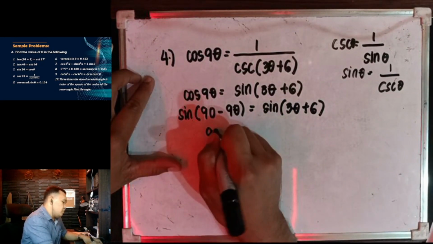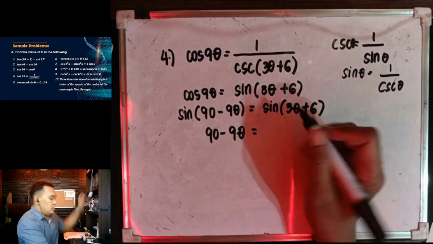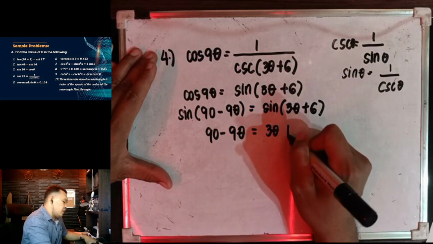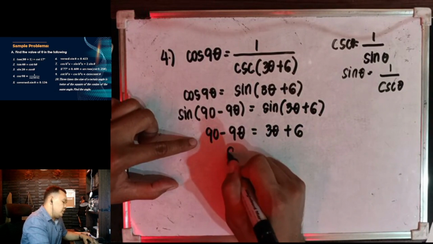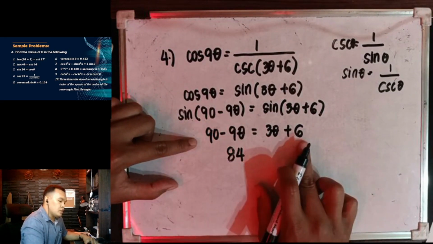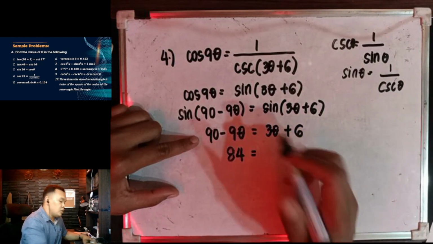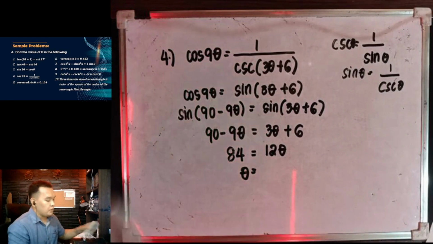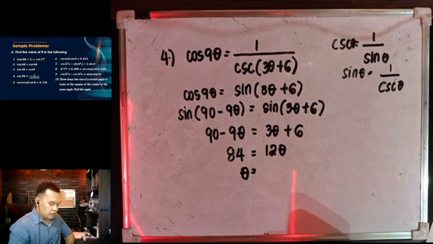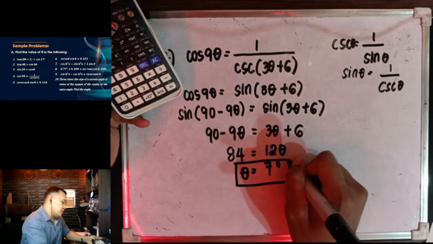So, 90 minus 9 theta is equivalent to 3 theta plus 6. Then, transpose, we have here 84. Yung 90 minus 6, 84 equals 3 theta, lipat to, magiging plus 9. So we have here 12 theta. Therefore, theta is equivalent kay 84 divided by 12. So 7 degrees. Okay?